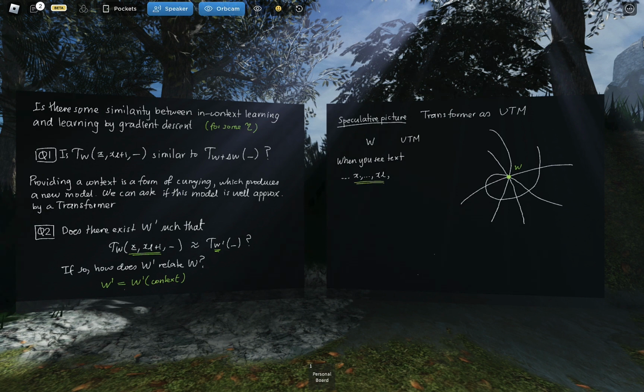And if question 2 is correct, then once you've seen this, you're actually no longer really at W anymore. Effectively, what you've done is move to another part of the parameter space, and you're generating predictions, it's the same parameter space, right? You're generating predictions from a model that behaves as though it has weights W prime.